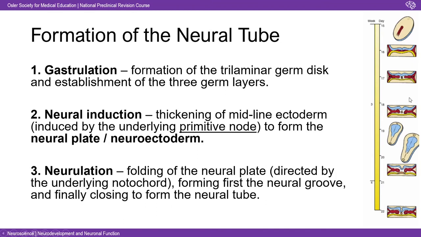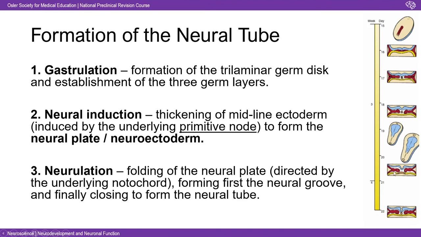The ectoderm is this top layer of the trilaminar disc in blue, and we get two processes going on. The first being neural induction, which is where the mid aspect of this ectoderm tissue thickens and establishes what we call the neural plate. That neural plate receives signals from the notochord, which is this structure underlying it within the mesoderm, to fold up, to proliferate, for cells to change their shape and to roll up into a tube.